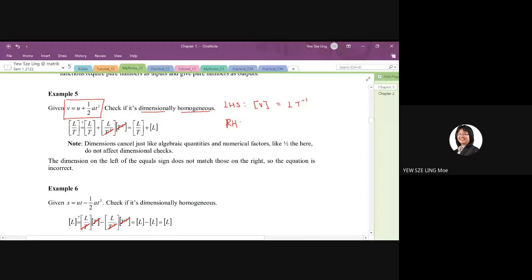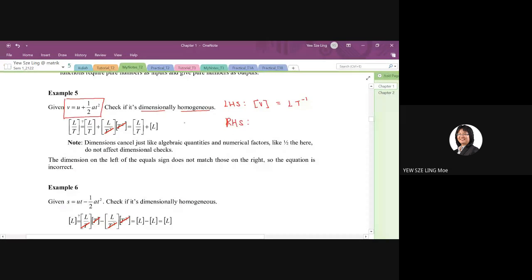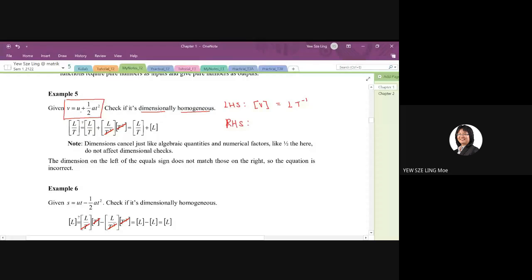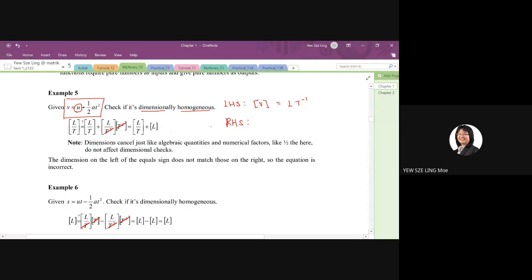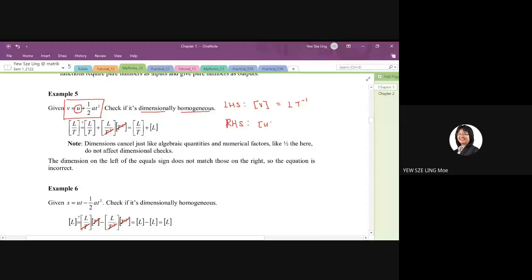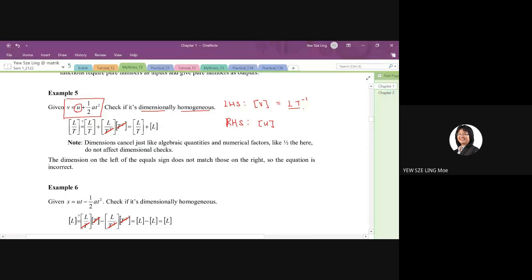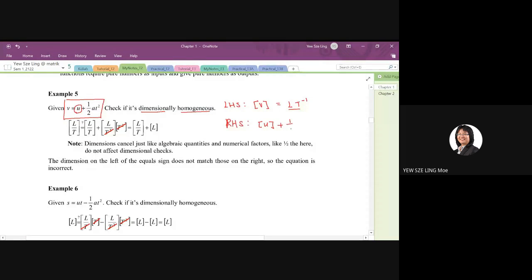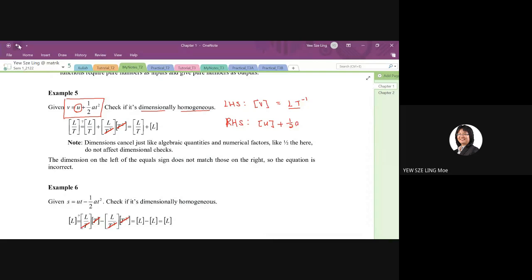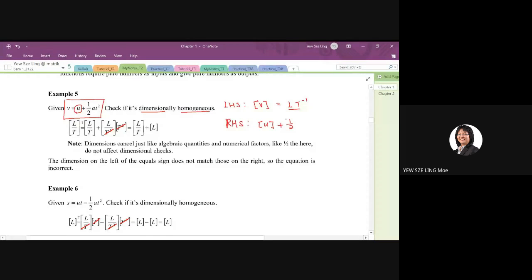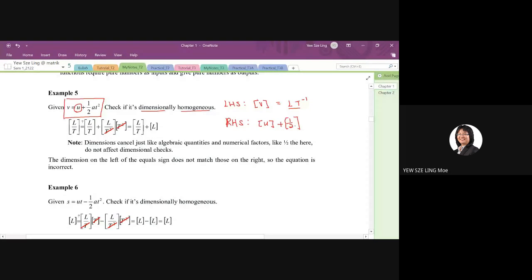Left-hand side, you're done. Now you do it for the right-hand side. On the right-hand side, we have u. u is also a type of velocity. Therefore, we are going to have the same quantity, LT negative 1. So u plus 1 over 2, I forgot to put a square bracket. So 1 over 2 also needs a square bracket.